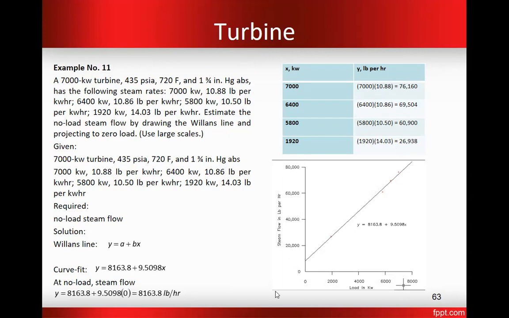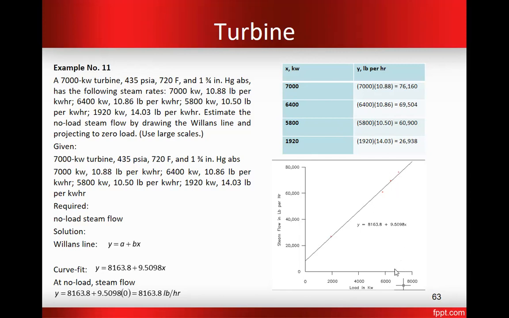Then i-plot nyo to. Maraming online plotter, sana marunong kayo gumamit. Then curve fitting. Okay? So make a curve fit. Sa calculator meron, di ba? Linear regression. So yung mga value mo, i-plot mo yung 7,000 andito, papasok doon sa 76.